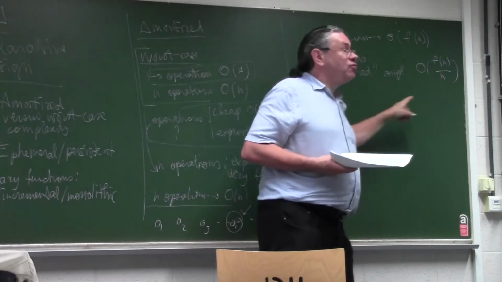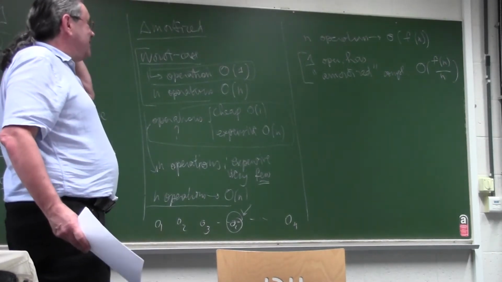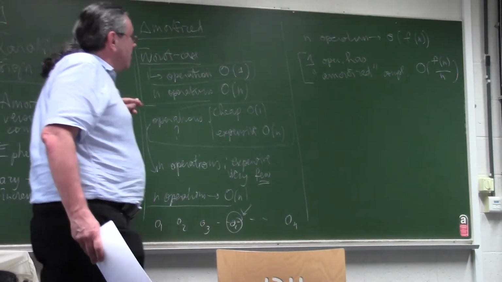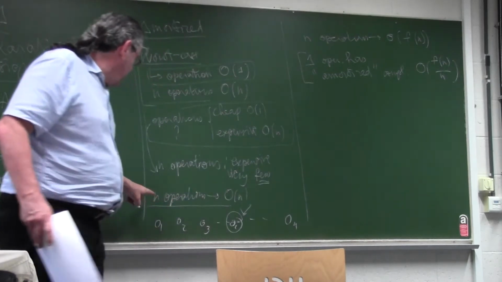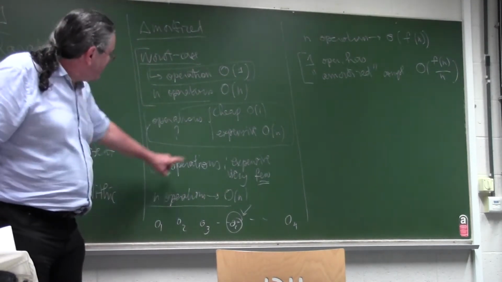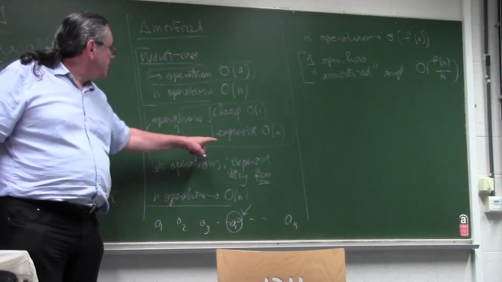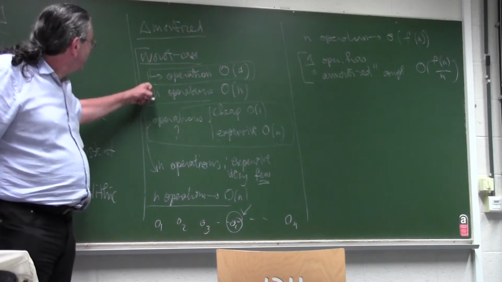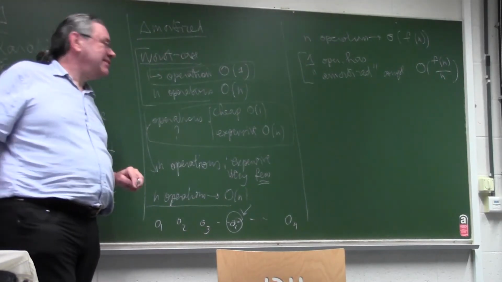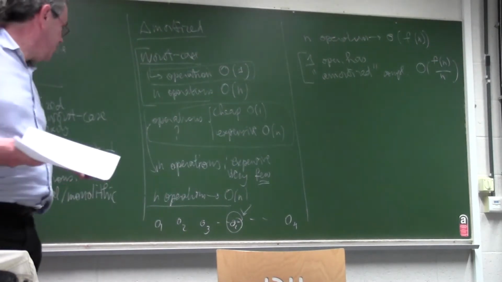This is always true, but sometimes it makes a difference. Sometimes we have an algorithm where the n operations are order n, but still sometimes there are expensive operations. This is almost as good as worst case. The expensive operations are rare.